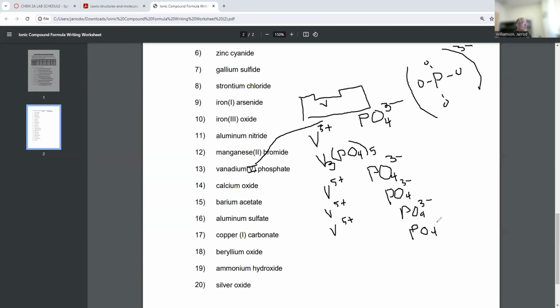Least common multiple between 5 and 3 is 15. This gives me +15. This gives me -15. And I see that I need 3 of these vanadiums and 5 of these phosphates, and it gives me the formula of V3(PO4)5.